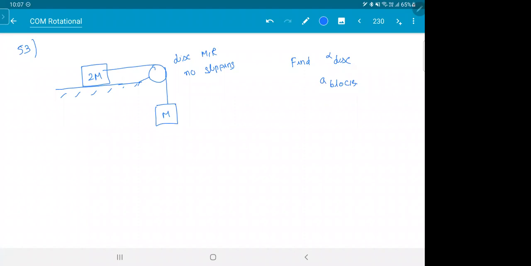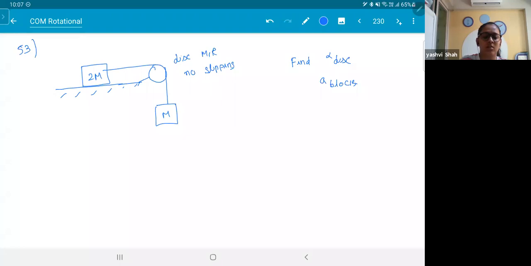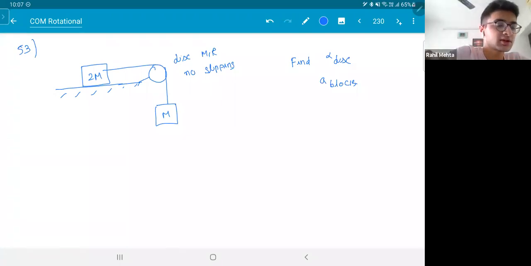Give it a try. 2 minutes, everyone. The acceleration of the block is g/3.